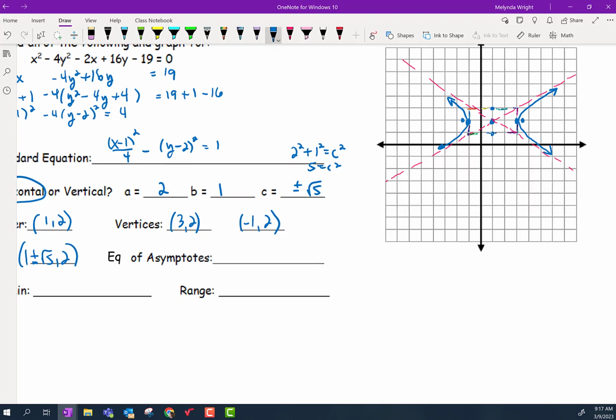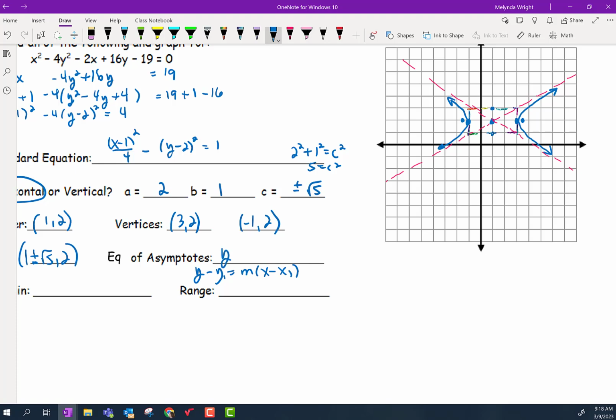Okay, we do the same thing every time. It's y minus y1 equals m times x minus x1. My y1 and x1 are the center.